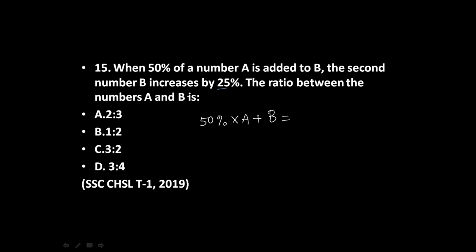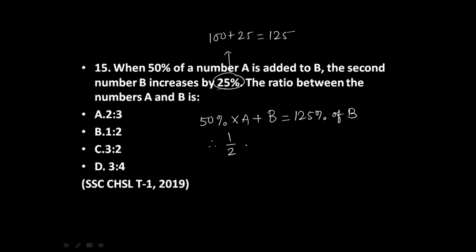The second number B increases by 25%. 25% increase means 100 plus 25, so 125. So it's 125% of B.